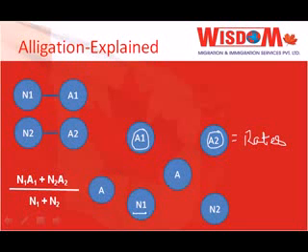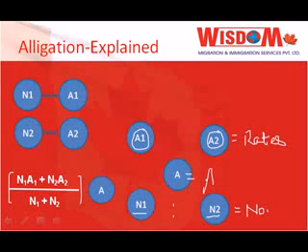And these are N1 and N2, the number of items. So this is the ratio, or you can say these are the number of items. And this here is the average, which is calculated by this expression.